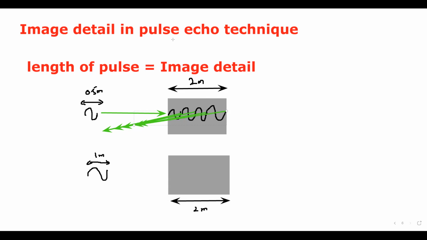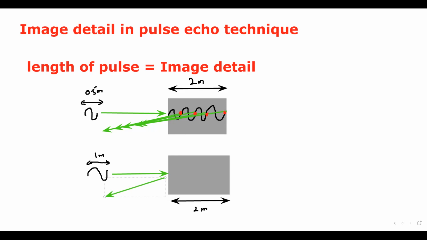So how many points are there where the pulse has bounced back? For example, this is point 1, the red spot, point 2, point 3, and point 4. So there are 4 points from which the pulse has bounced back. But if I use a longer pulse, for example a 1 meter long pulse, then when the pulse strikes, it will first bounce back from the surface.